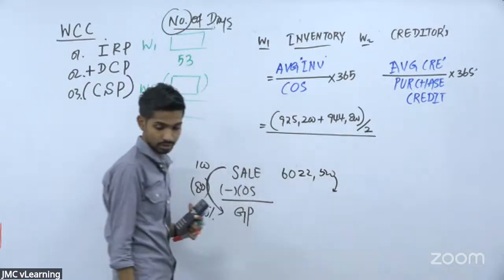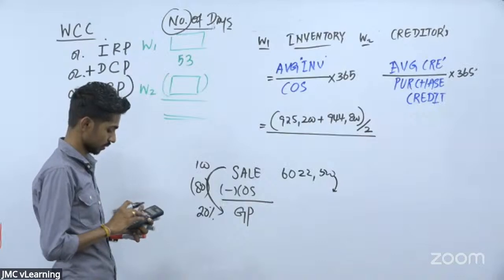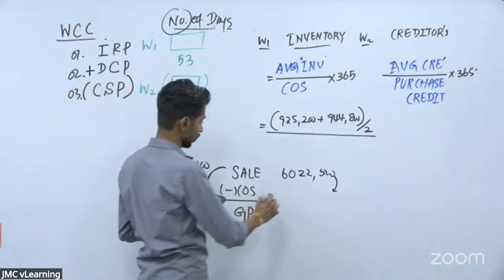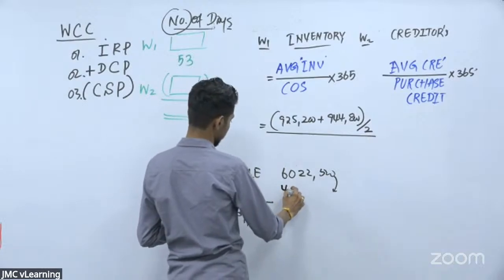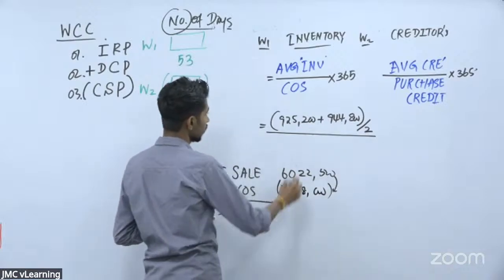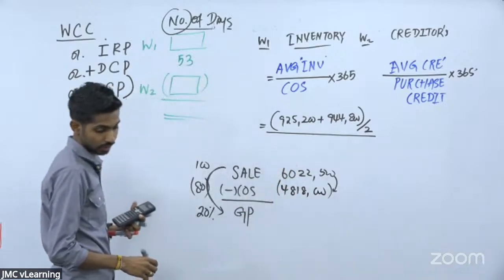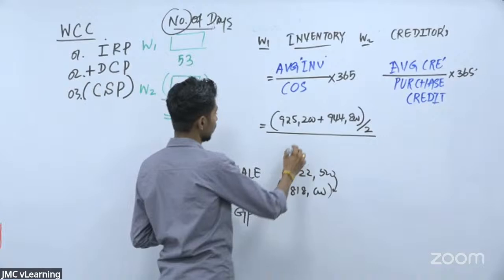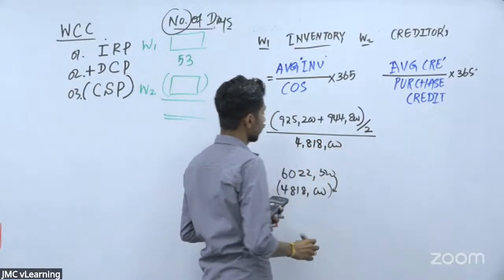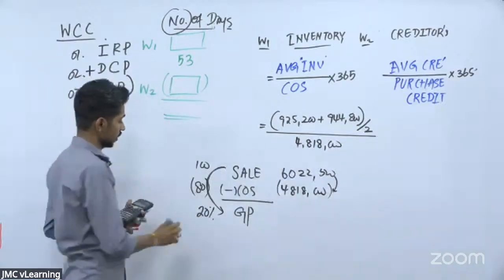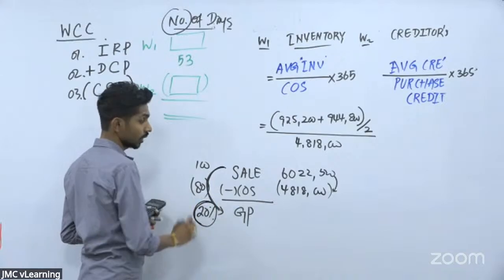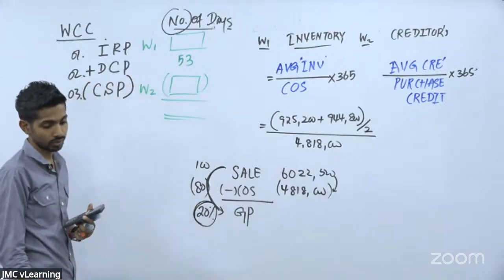Based on that, you take 80%, which gives 4,818,000. Based on the GP margin, you can arrive at the cost of sales figure.